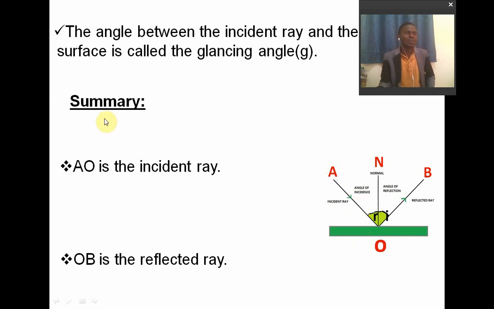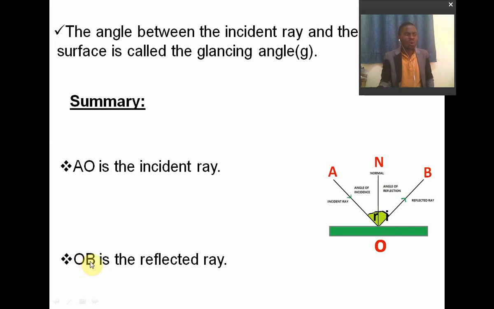So let's summarize this. AO is the incident ray.